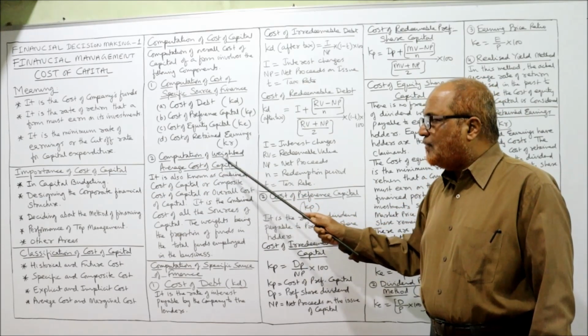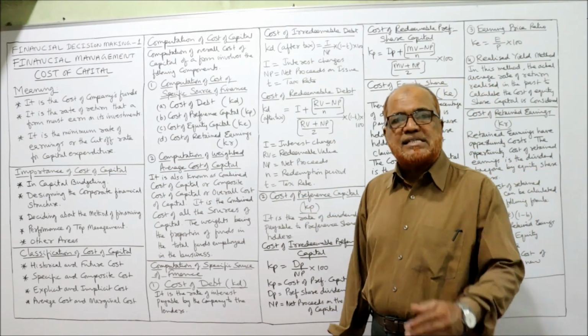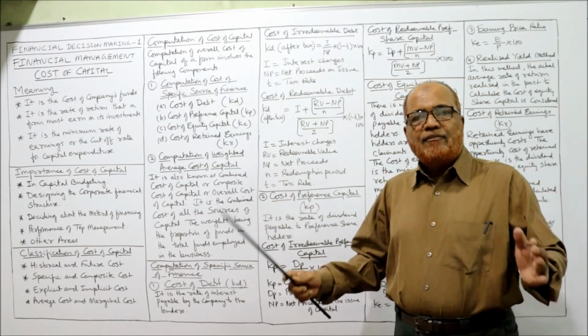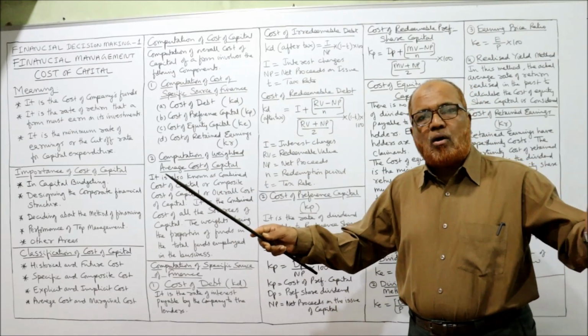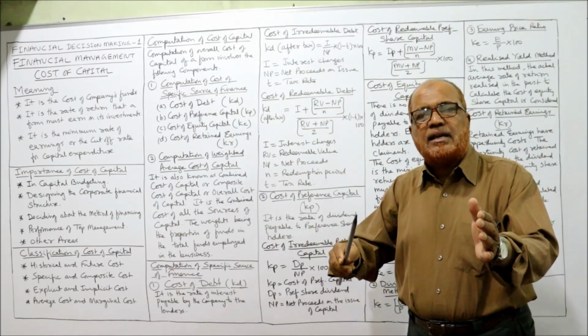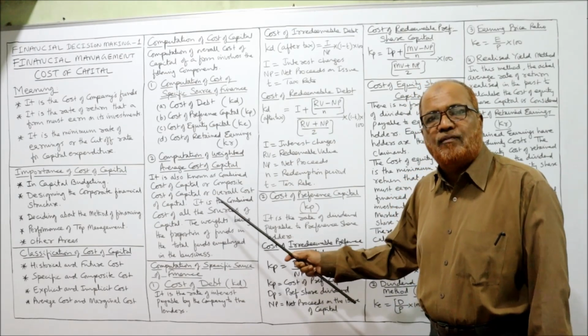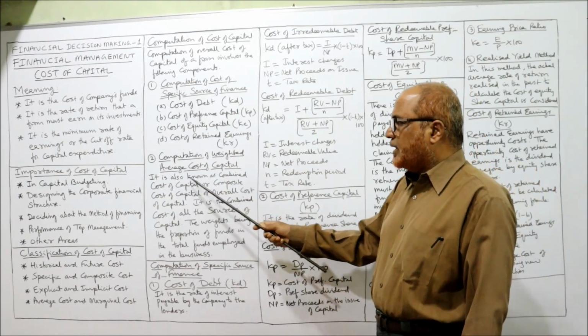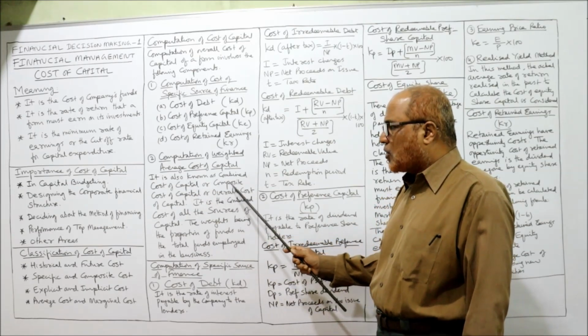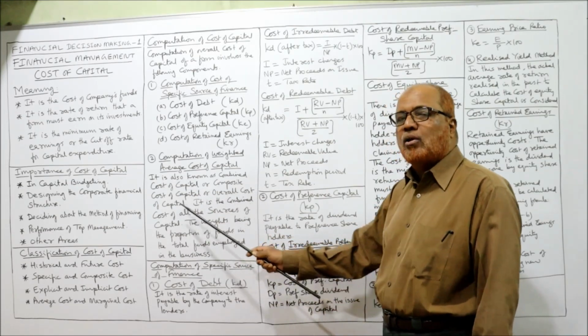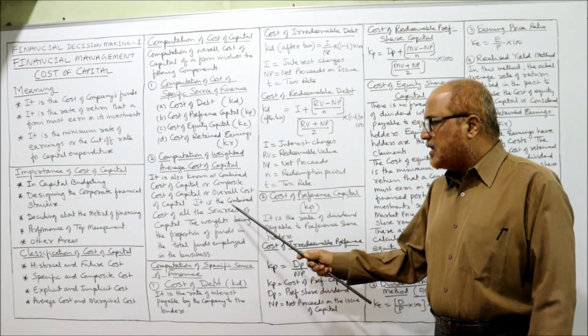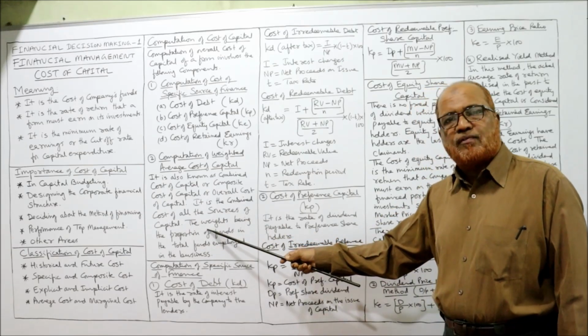Now, computation of weighted average cost of capital. This is the second stage. Weighted average means combining all specific cost of capital and calculating a single average cost. That is called weighted average cost of capital. So it is known as combined cost of capital or composite cost of capital or overall cost of capital, means same. It is combined cost of all sources of capital.